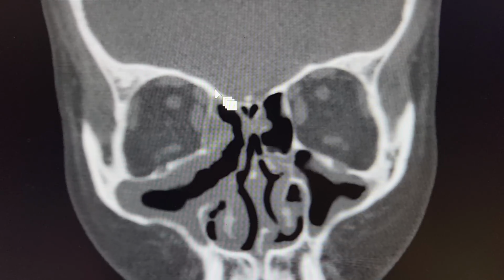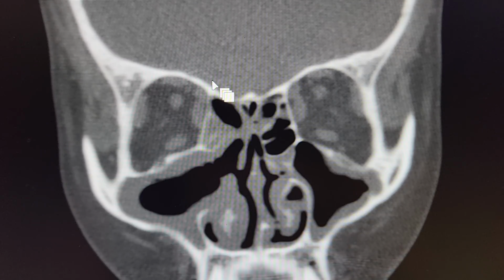So how do you identify an agger nasi cell? The agger nasi cell carries so much importance on the scan because when you are approaching the patient's frontal sinus, the agger nasi cell will decide whether or not the frontal sinus is going to have a bigger opening to the frontal recess. The more the agger nasi is pneumatized, the smaller will be the opening of the frontal recess, because the frontal recess is anteriorly bound by the agger nasi cell.